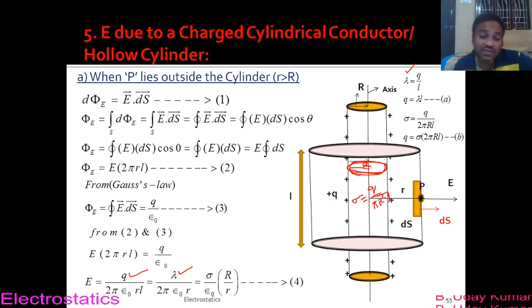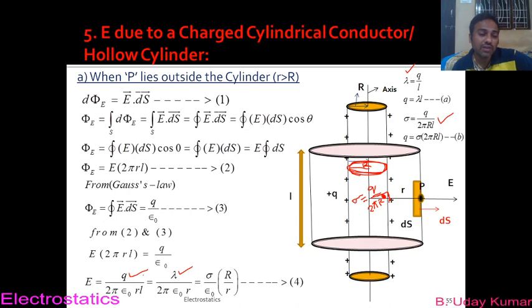The curved surface area of this cylinder is 2 pi RL. Sigma is nothing but charge per unit area, and since the charge is present on its curved surface area, sigma is q by 2 pi capital RL. So from this equation I can write q as sigma times 2 pi RL.